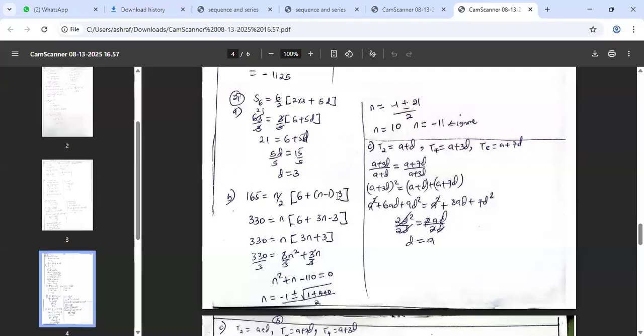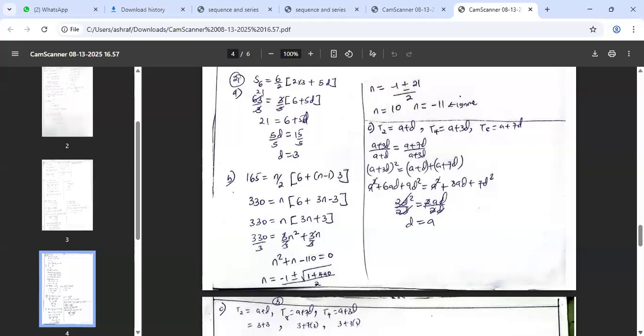Then we just work out, open the inner bracket and then the outer one. You're going to get a quadratic equation in n, that is n squared plus n minus 110 equals 0. Then you solve for n. I have used the quadratic formula. Then I got n as either 10 or negative 11.